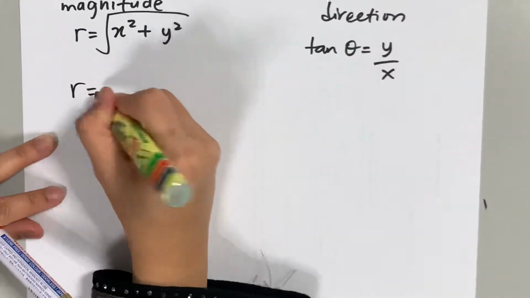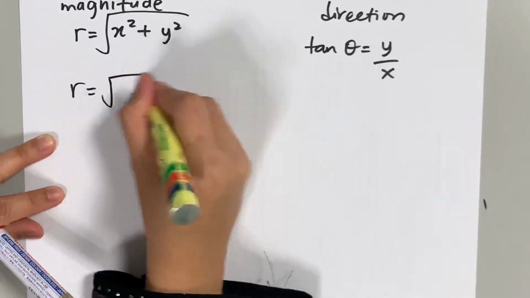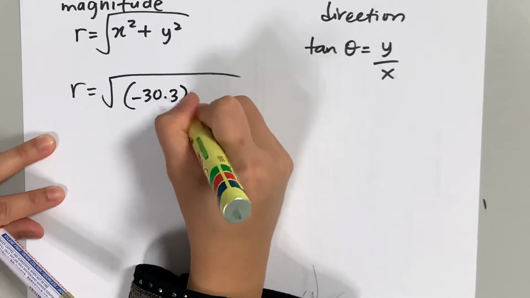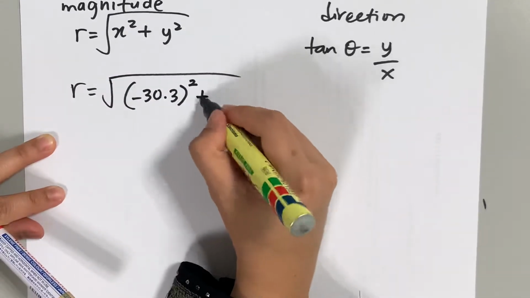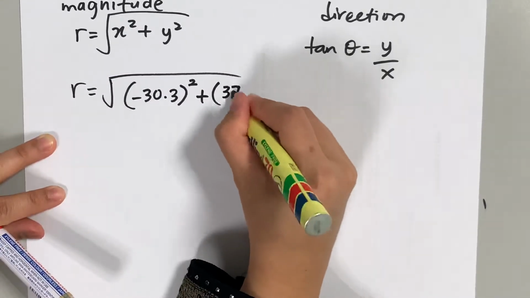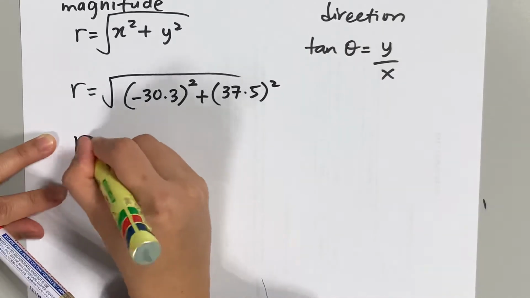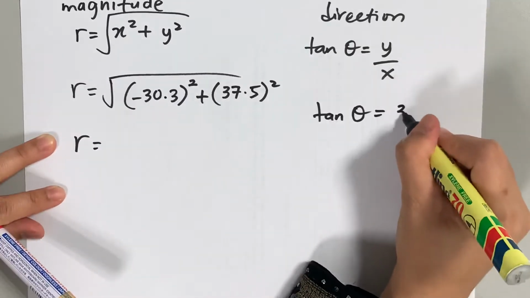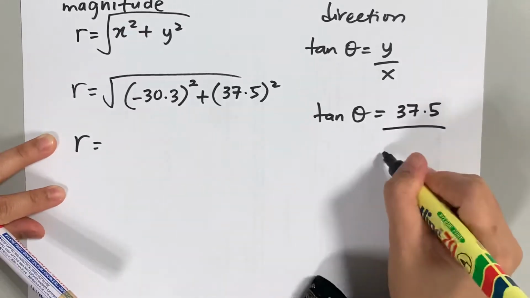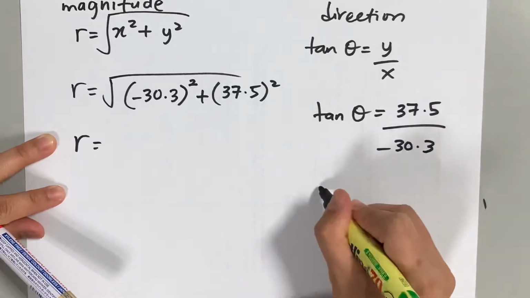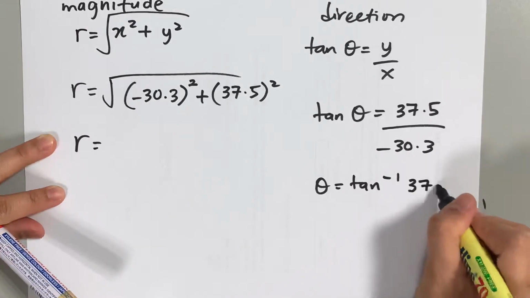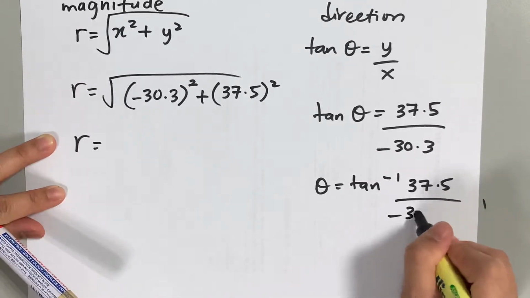So for R, the magnitude is the square root. What is your total x just now? Negative 30.3 squared plus your y, 37.5 squared. For direction, tangent theta is equal to 37.5 divided by negative 30.3. So theta is equal to inverse tangent of 37.5 over negative 30.3.